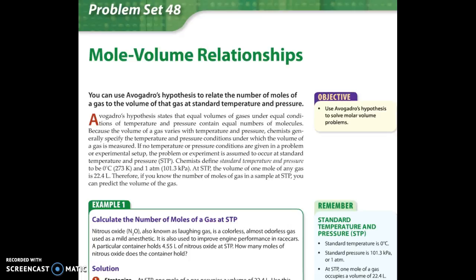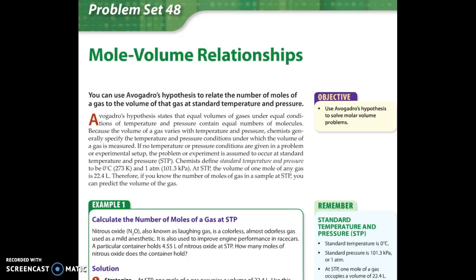Chemists define standard temperature and pressure to be 0 degrees Celsius, which is 273 Kelvin, and also 32 degrees Fahrenheit, and 1 atm, which is 101.3 kilopascals. At STP, the volume of 1 mole of any gas is 22.4 liters. That's about the size of 11 2-liter bottles of pop.